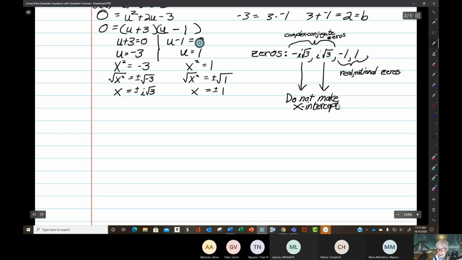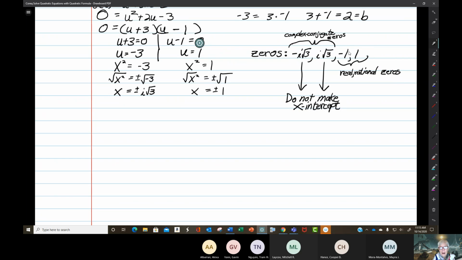Complex numbers don't live on the x-axis. Only real numbers, the real rational and the real irrational, live on the x-axis. Complex conjugates have their own kind of dimension. And I drew a picture yesterday that wasn't so great.